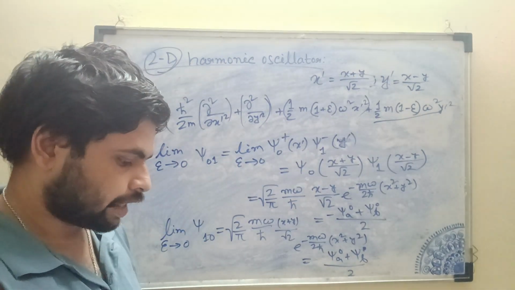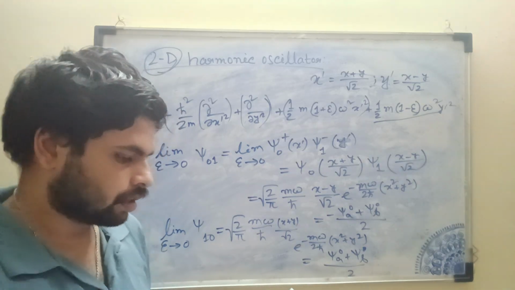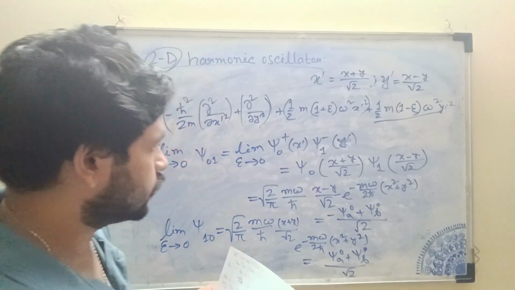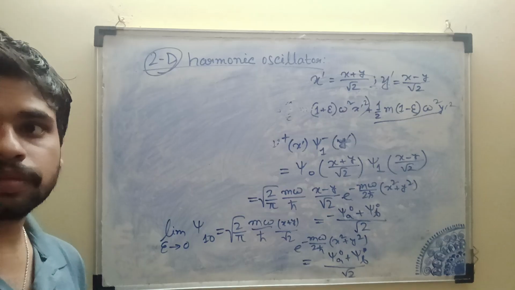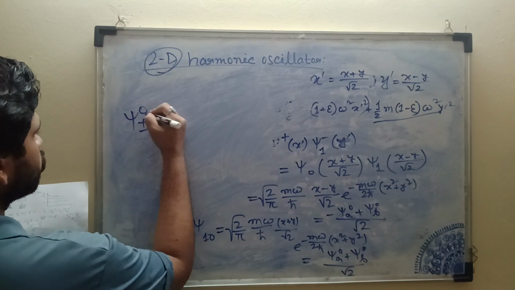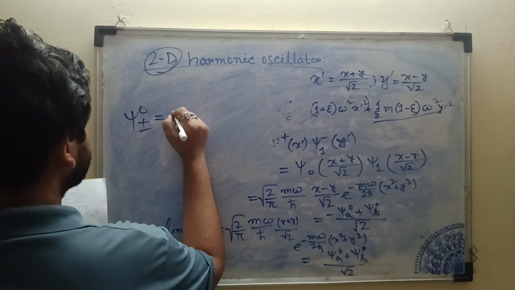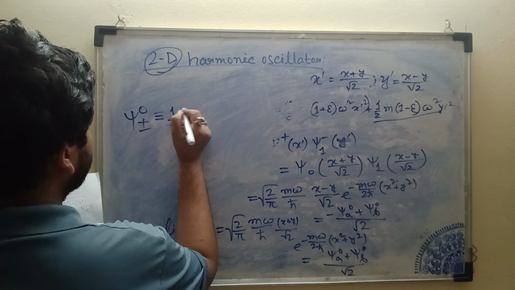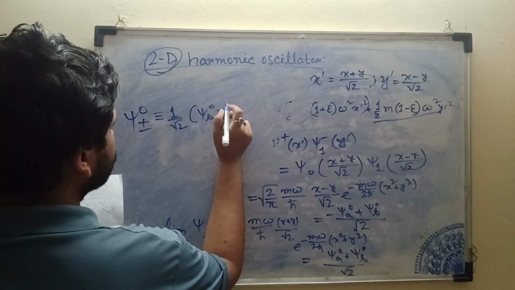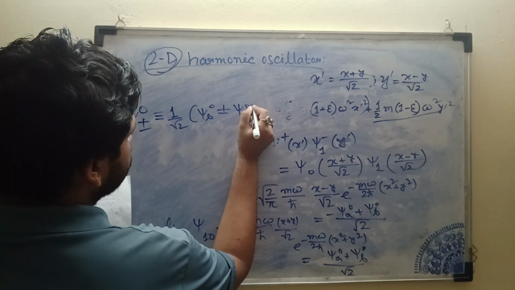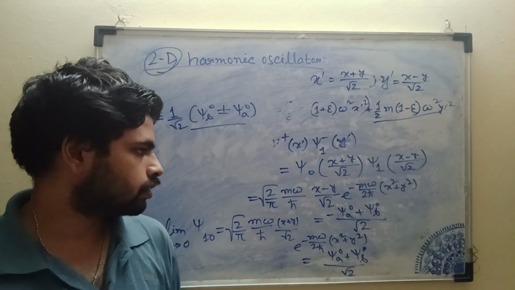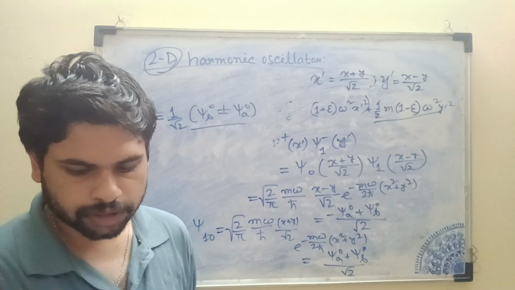Sorry, this is over 2, this is the normalization condition, right? So the required result will be 1 by root 2 (psi b 0 plus or minus psi a 0), which is the required linear combination for the two-dimensional harmonic oscillator. So this is for this video.